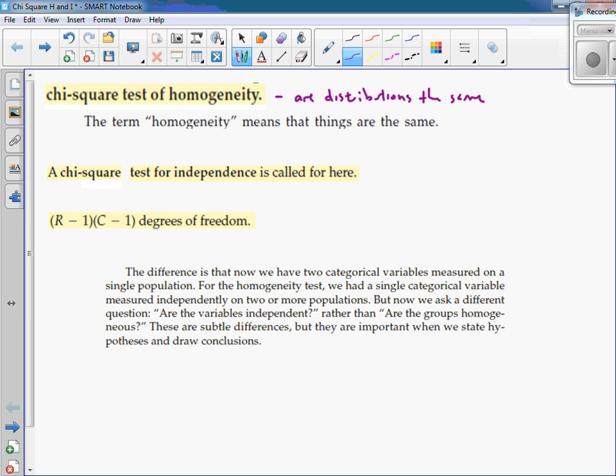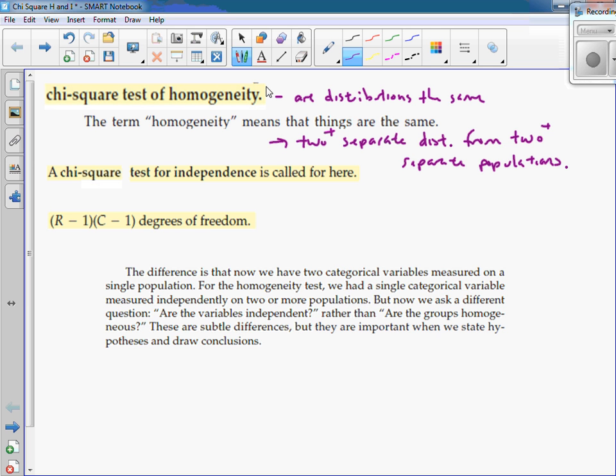So our distribution's the same. That means you have 2 separate distributions from 2 separate populations. And it could be more than 2. So 2 plus distributions from 2 plus populations.